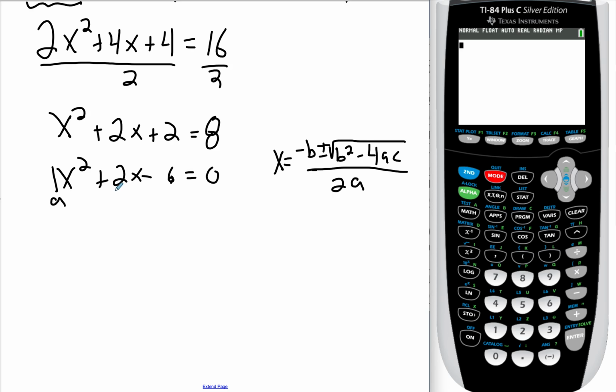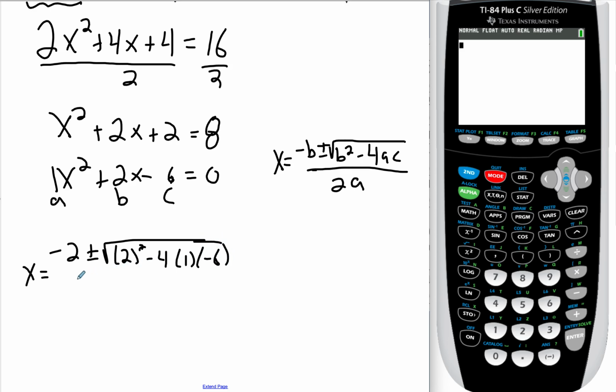I've got a is 1, b is 2, c is negative 6. So I've got negative 2 plus or minus the square root of 2 squared minus 4 times 1 times negative 6, all over 2 times 1.